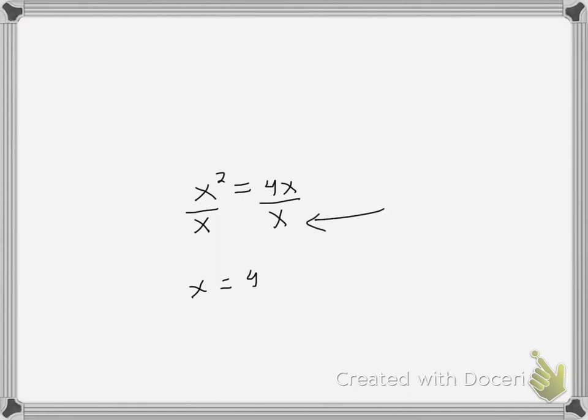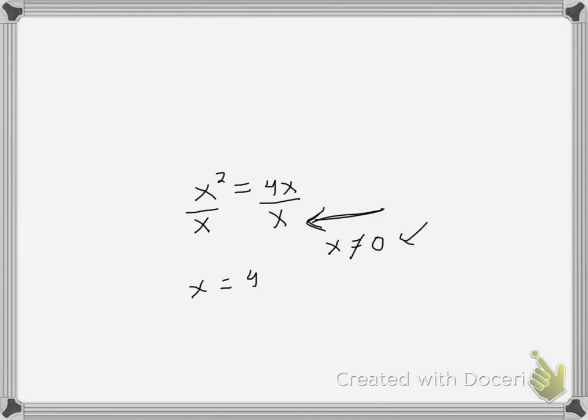So I have thrown out one of my solutions. I am assuming here when I do this step that x cannot equal 0. But in fact, 0 was one of the values or solutions. And so I've made an assumption right here. And that's why I lost this as one of my solutions.